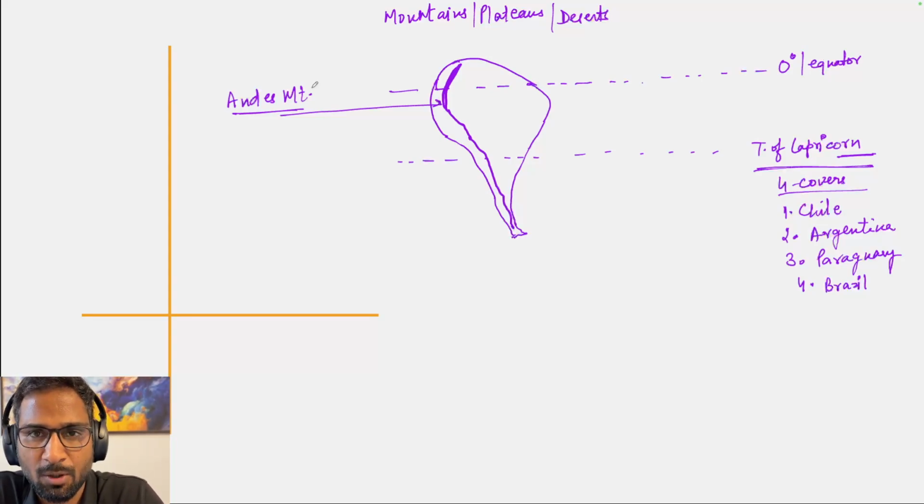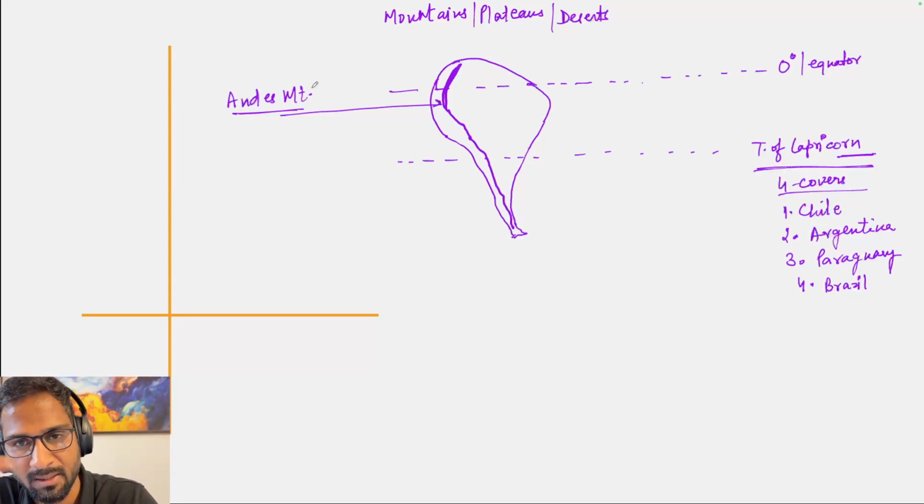And that is why it is also said that it is the most continuous mountain system in the world. It is a fold mountain, obviously a young fold mountain, not as young as Himalaya, but it is also an example of a young fold mountain. The most important thing about this mountain system is that it is highly continuous.